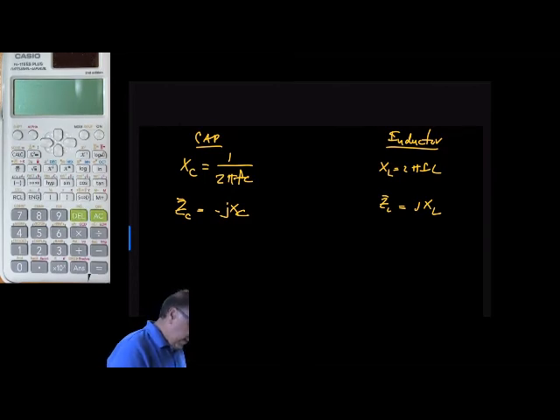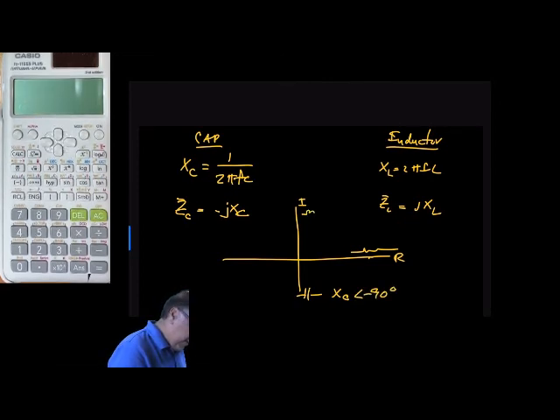In the real and imaginary axis, we see that a resistor lies along the real axis. A capacitor is down here, so the capacitor reactance is at an angle of minus 90 degrees. An inductor lives up here, where the inductive reactance, I should say, is plus 90 degrees.